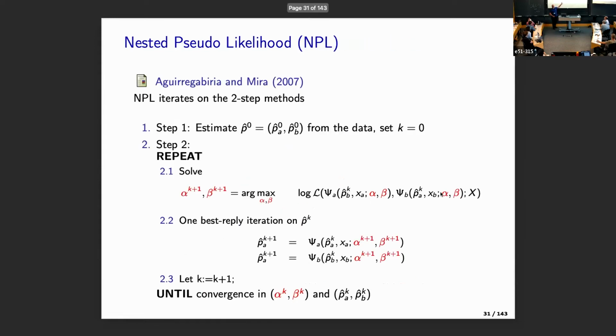One way to improve on that is to do the nested pseudo likelihood suggested by Aguirregabiria and Mira. First done in single agent models in 2002, and then this is a sequence of two-step estimators for games, in that Econometrica paper of 2007. So, of course, this is for dynamic games. We're going to use it in our little simple example. The idea is, if you were to estimate this model, estimate the CCPs, you've got your non-parametric estimates first.